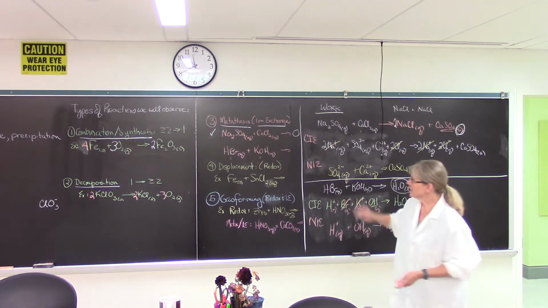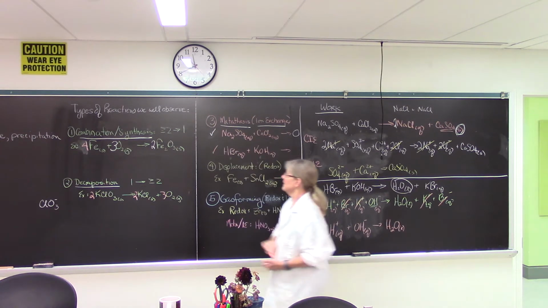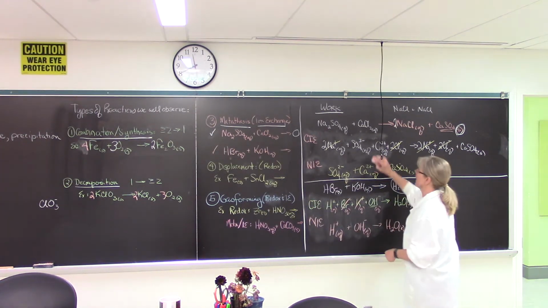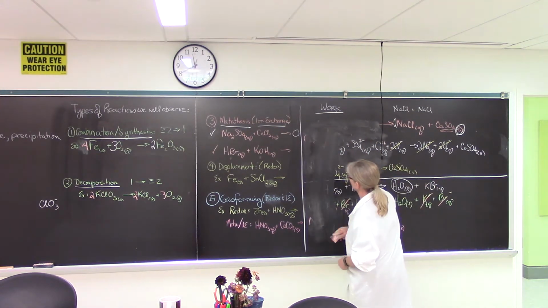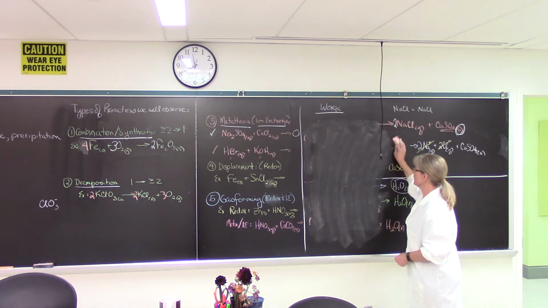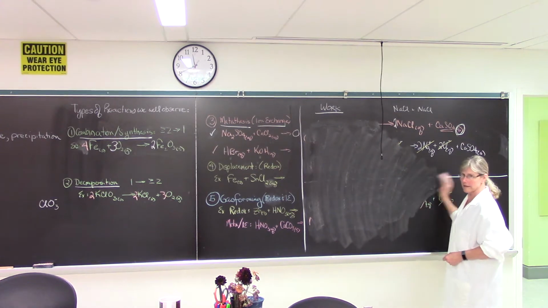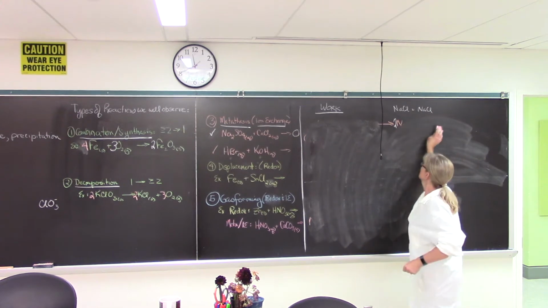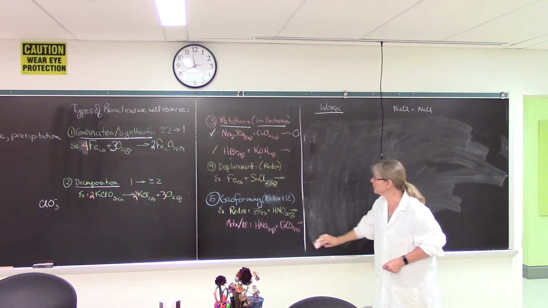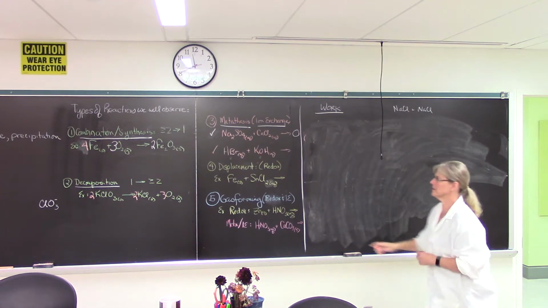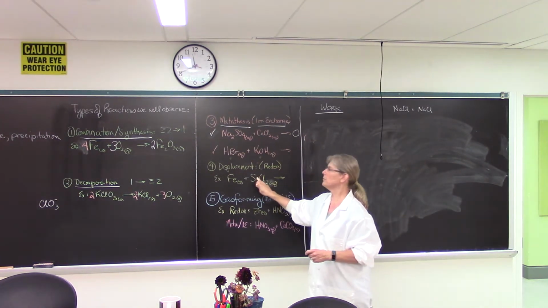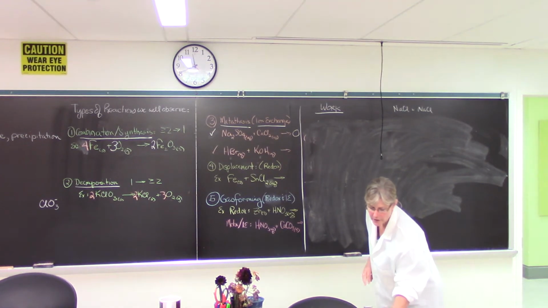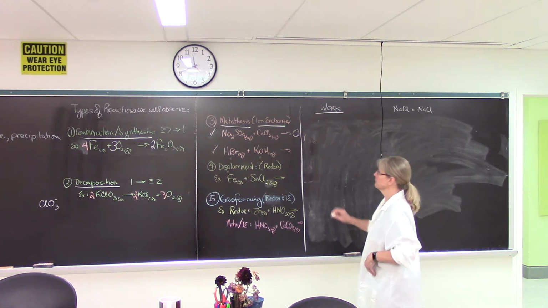All right, so that's these two. Now we're going to do a displacement reaction. This is a redox reaction. And we call it displacement because literally the element that's a solid is going to be displacing the ion that's in solution, and the ion is going to become a solid.